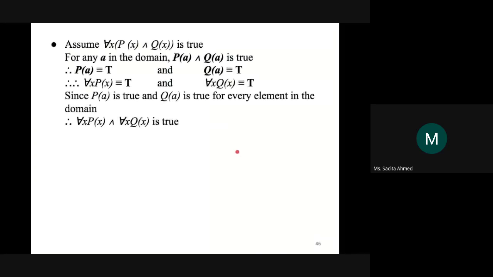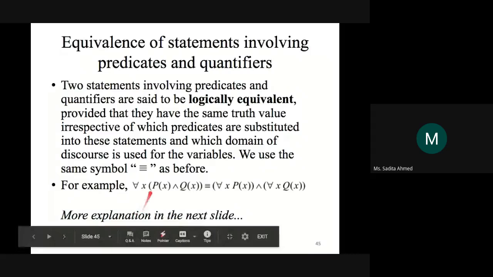For the first one, we will start with the hypothesis, or the assumption, that the left-hand side is true. Now, if the left-hand side is true, from here we have to get to the conclusion that the right-hand side is also true. So what is the expression on the left-hand side? As you can see from here, for all x, p(x) and q(x).